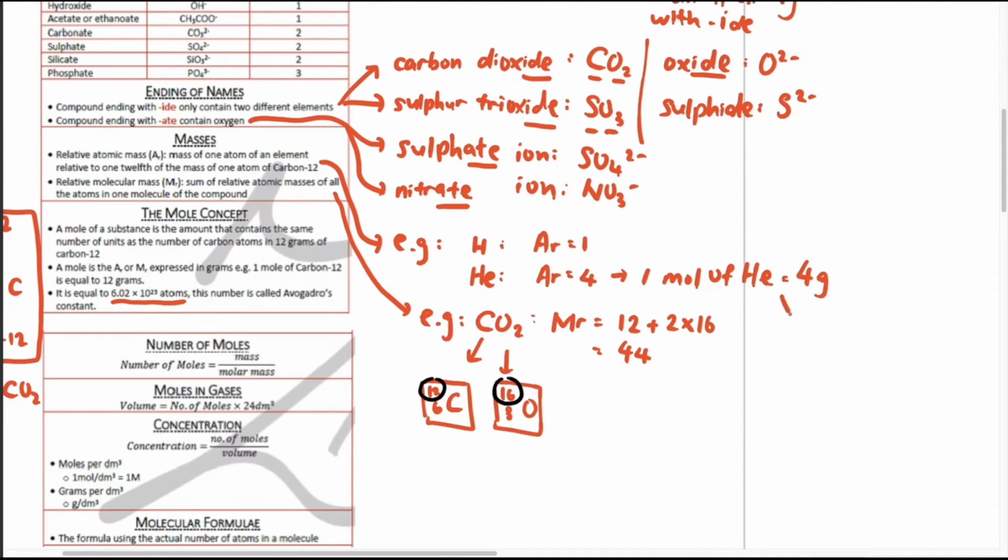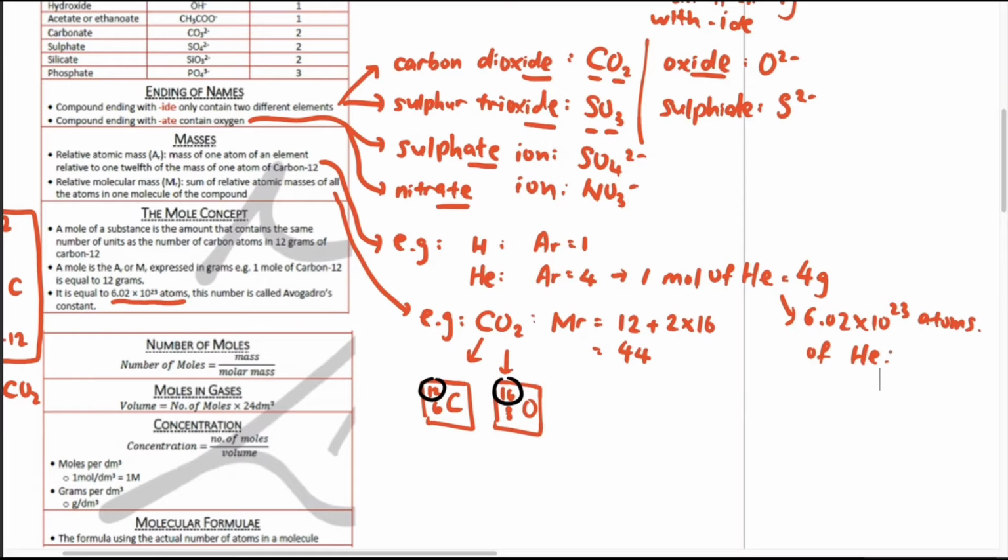There are 6.02 times 10 to the power of 23 atoms of helium. So from here, we know in 1 mole of a substance, the mass, you refer to the AR or the MR. The number of atoms, you refer to the Avogadro Constant.